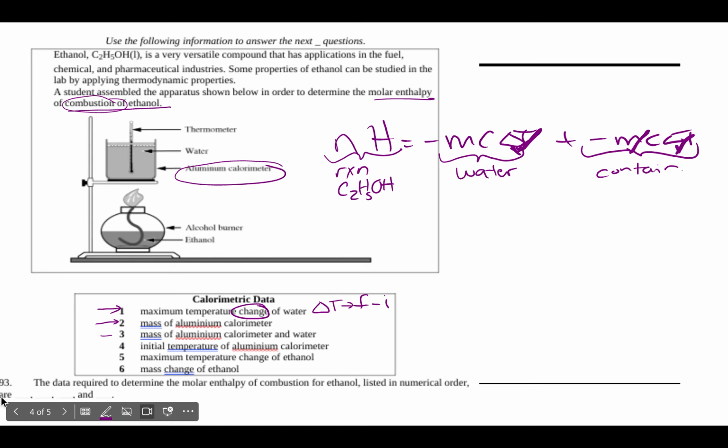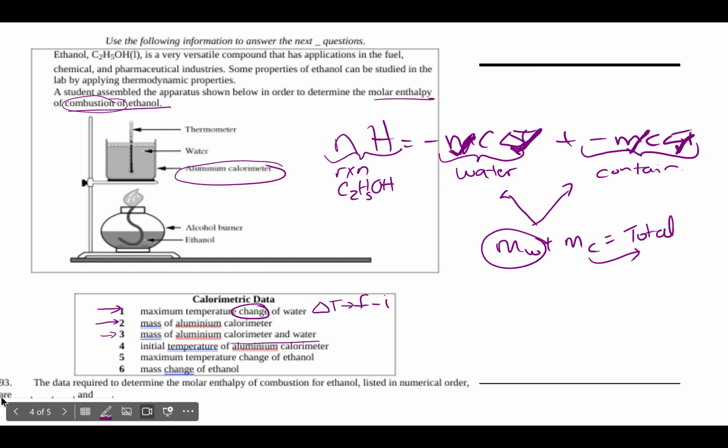Number three, mass of aluminum container and water. If you have the mass of the water and the mass of the container, which is what number three is saying, which shows us a total, so the two together, if you take away the container from the total, you will have the mass of water. So then we would have this missing variable here.